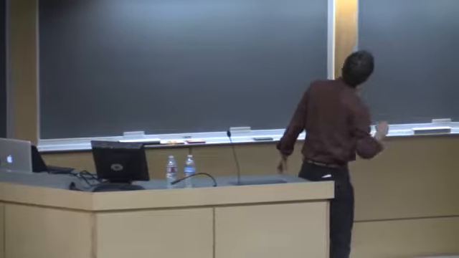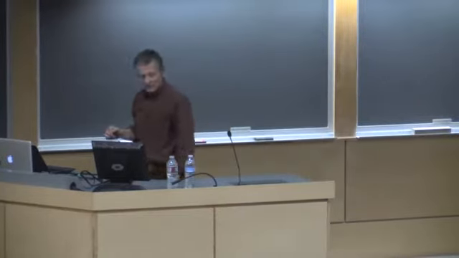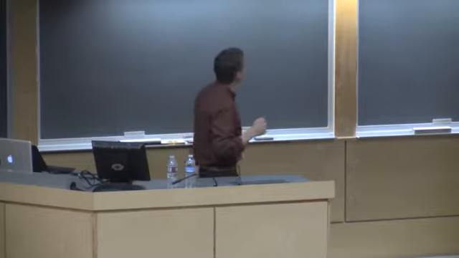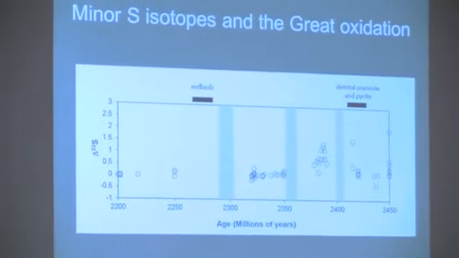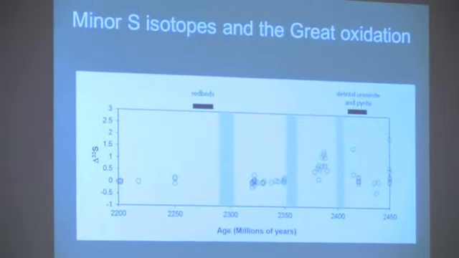You can see that at about 2.4, 2.3 billion years ago, something changed. Let's zoom in on that time period just a little bit. Now we're looking at a much narrower window of time, and this was a pretty fascinating time in Earth history. There was a bunch of glaciations then, but let's not get into that. Let's look at the right-hand side. You can see that we get this mass-independent stuff, then there's a glaciation, then we get mass-independent stuff again, and then it stops.